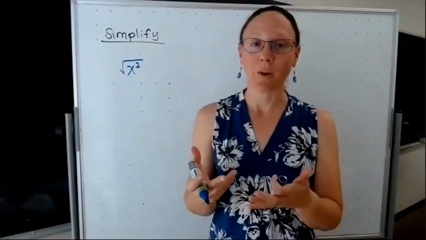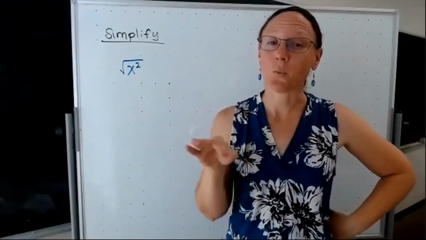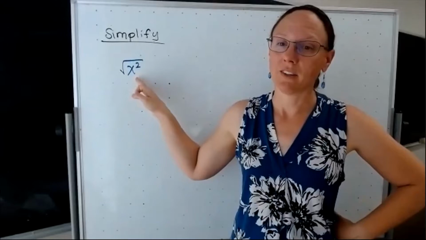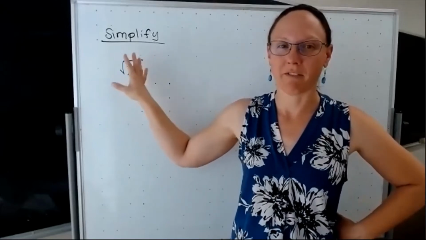The first thing that we would have to note is that there's a restriction because we are only allowed, if we're going to take the square root, to take the square root of a positive number.